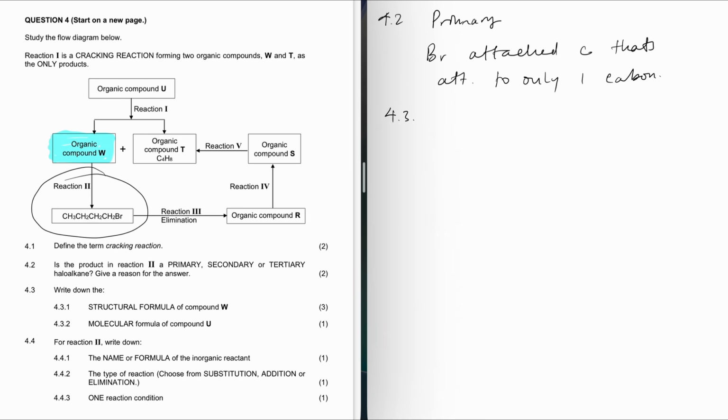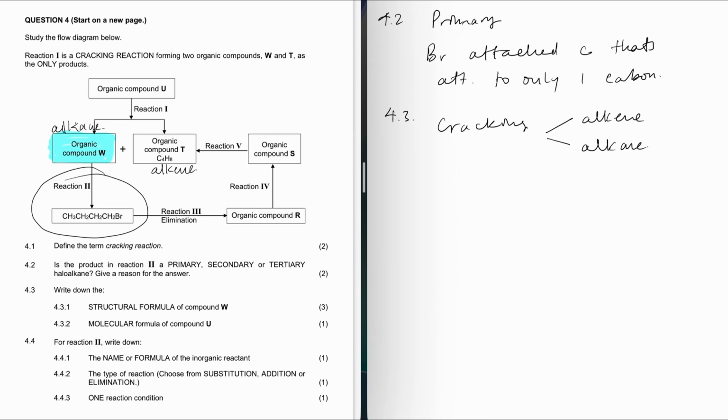In any cracking reaction, you are going to form an alkene and you are going to form an alkane. Now I know one of the products is C4H8. C4H8 is the general formula for an alkene. So this is an alkene, which means that this must be an alkane. Not a haloalkane, just a simple alkane.